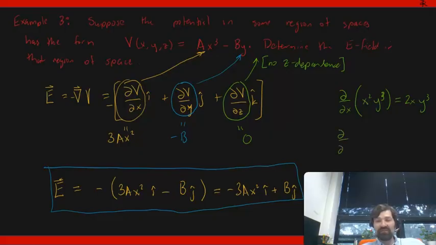If I want to take d by dy of x squared y cubed, what I would end up getting is 3, and the x squared part stays the same, and the y cubed term becomes a y squared term. If I want to take d by dz of that same term, x squared y cubed, there's no z terms to take a derivative of, so I get a 0. So hopefully that also helps clarify how the partial derivatives work.